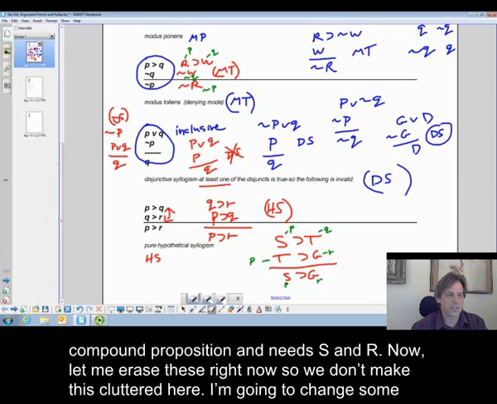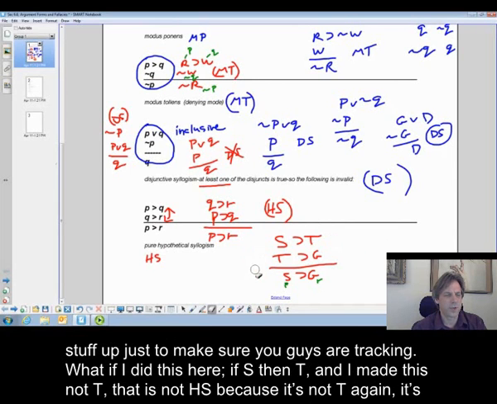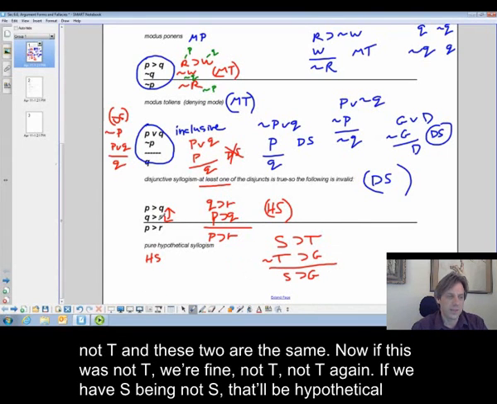let me erase these right now so we don't make this cluttered here. I'm going to change some stuff up just to make sure you guys are tracking, okay? What if I did this here? If S, then T, and I made this not T. That is not HS because it's not T again, it's not T, and these two are the same.